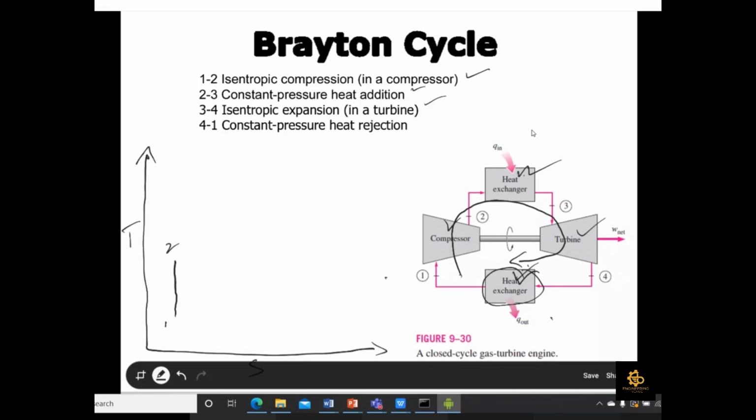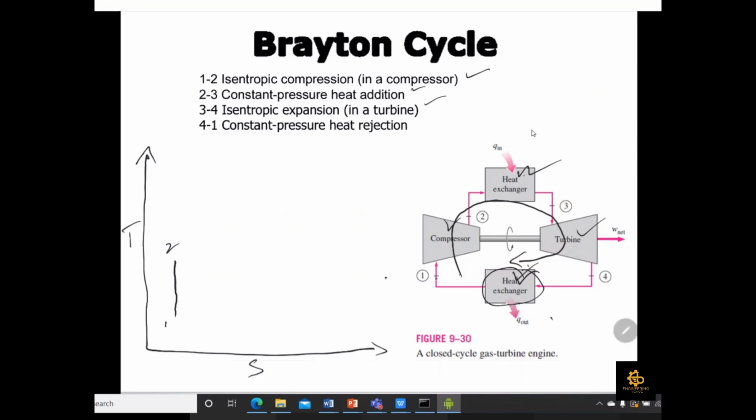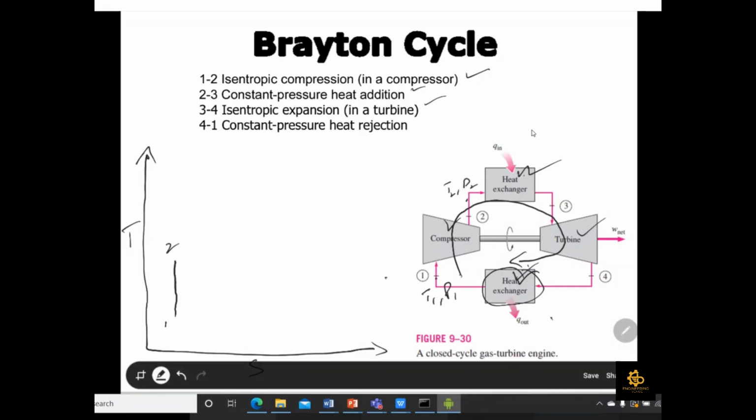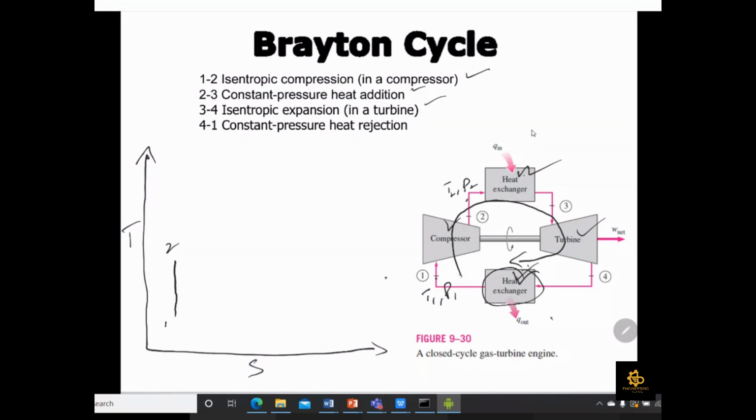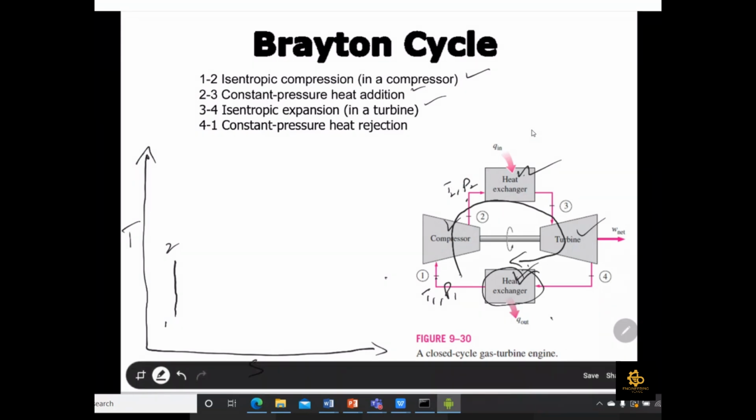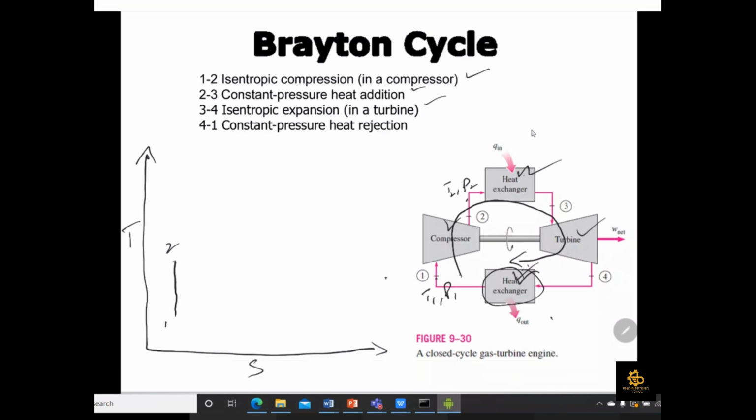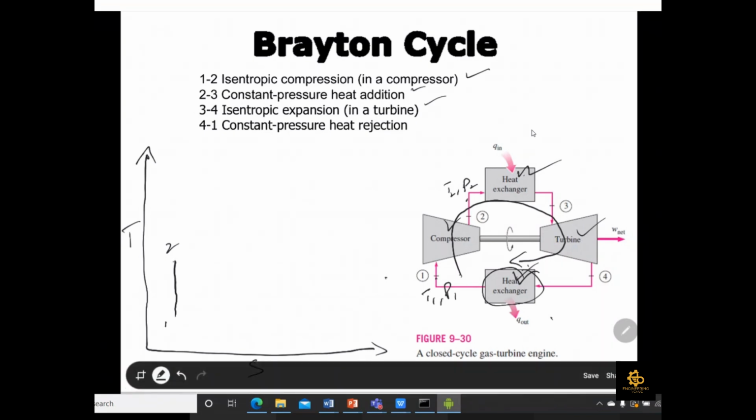Now you already know that, for example, at point number 1 your temperature is T1 and pressure is P1, and the temperature at point number 2 is higher, and the pressure also increases, because we have to compress the air, so that means the pressure will increase.